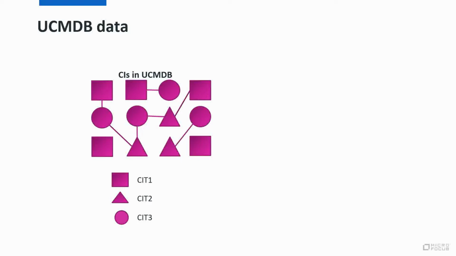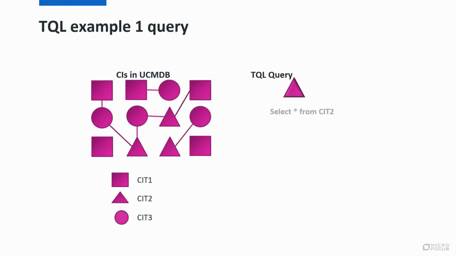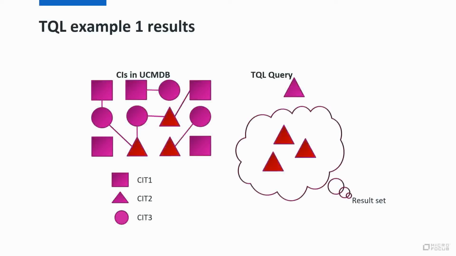But for this example, this will do. Let's say we wanted in our TQL to show all of the triangles. Some backend SQL for that would be, say, select star from CI type 2. How many triangles would we return in the result set? You're right, 3. There are 3 triangles that exist.